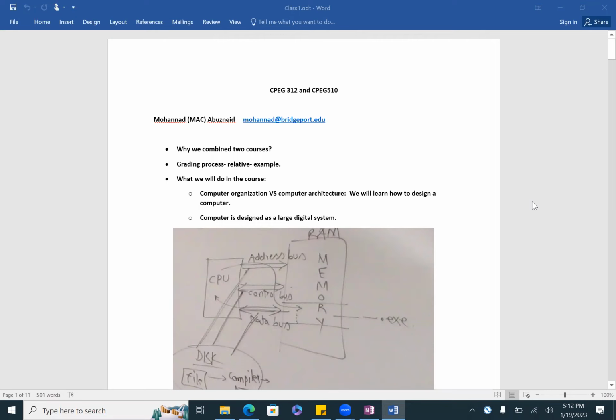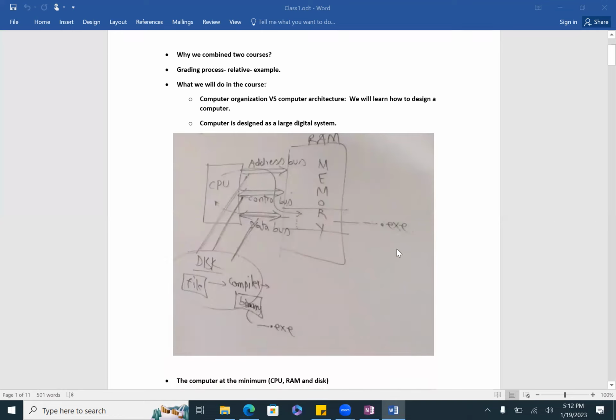So, computer architecture and computer organization. What we covered last week. Why is the computer, what we call the computer, a large digital circuit? And what's the reason behind that?